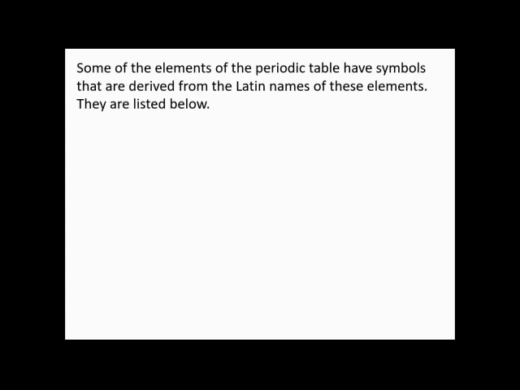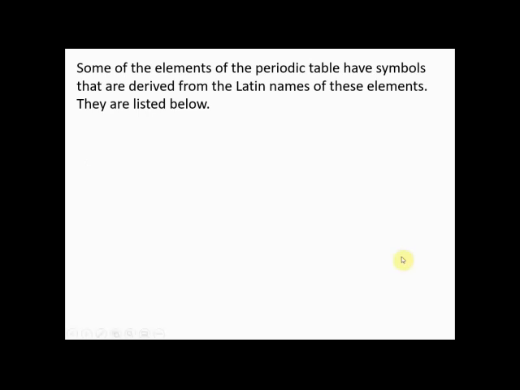You'll notice that on some periodic tables, especially in that old grade 9 and 10 one, there are some elements that derive their names from the old Latin names. You notice the symbols don't make a lot of sense. Symbols like K for potassium or Na for sodium. How does that work?